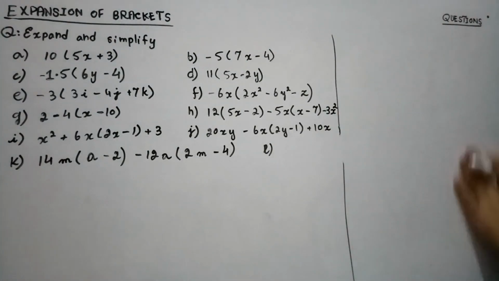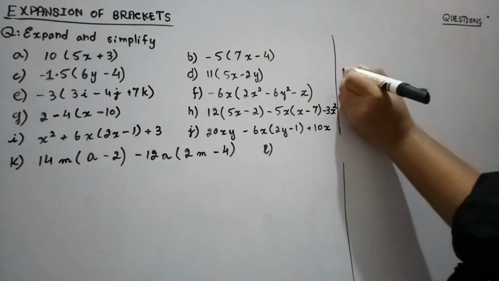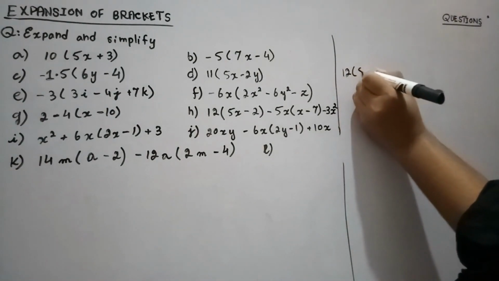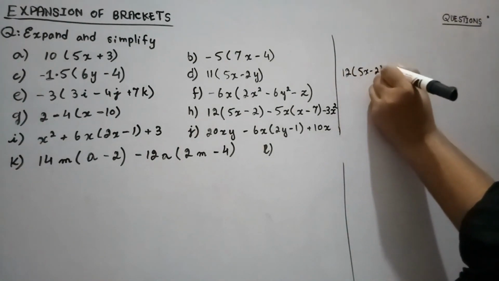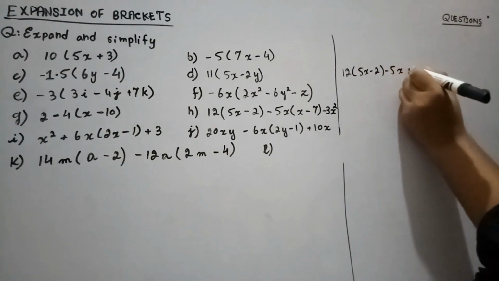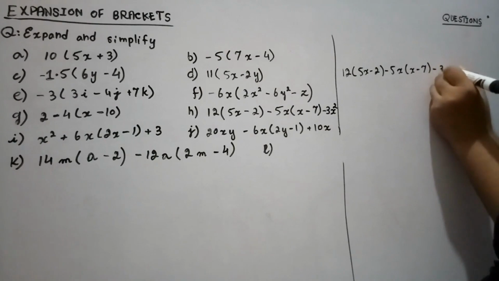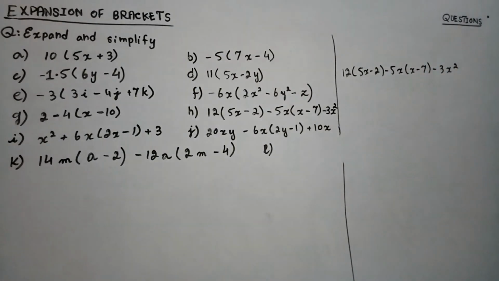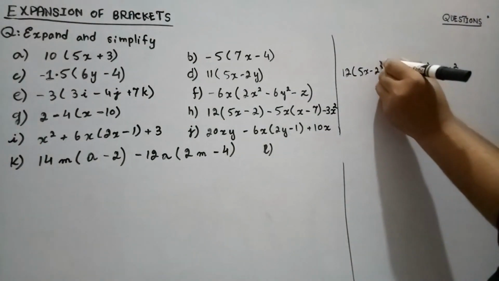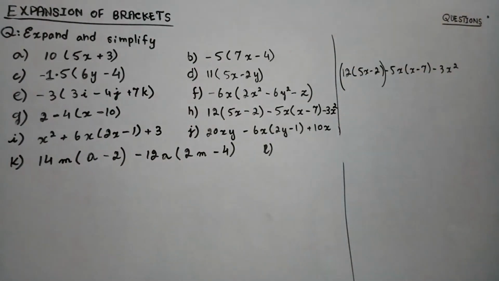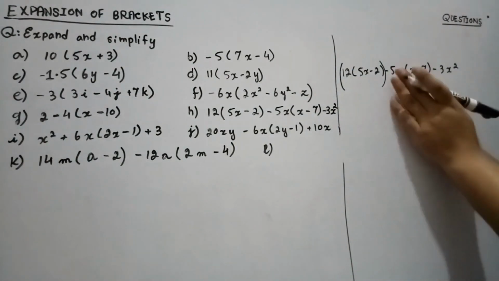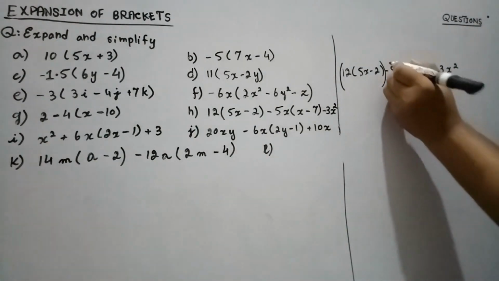Okay, here we have 12. It is going to multiply by 5x minus 2 minus 5x and 7 minus x minus 7 and minus 3x squared. Okay, so first of all we can separate the terms. This is our first term, because here we have a negative sign, so it will separate the terms.